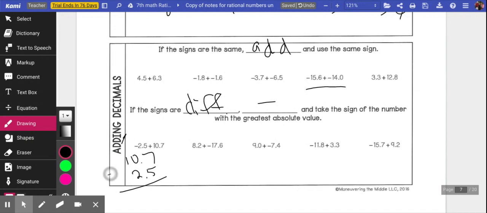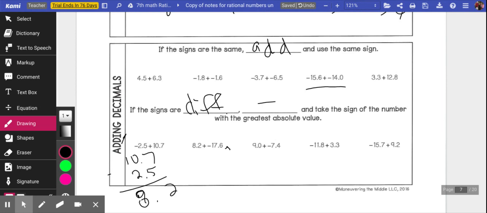So you're going to subtract, and we get 2 here, and then we're going to borrow, and that becomes a 9, and we get 7.2. Whoa. We're not borrowing. That was goofy. We're getting 8.2, my bad. And then the sign of the bigger number is positive, so it stays positive. Here again, you need to make sure you put 17.6 on top.